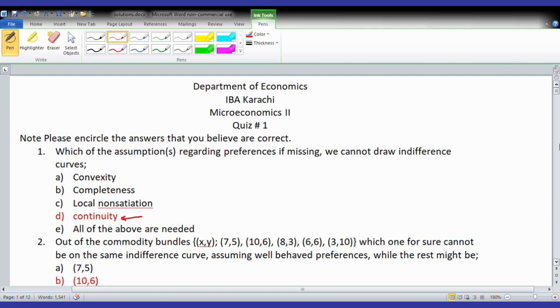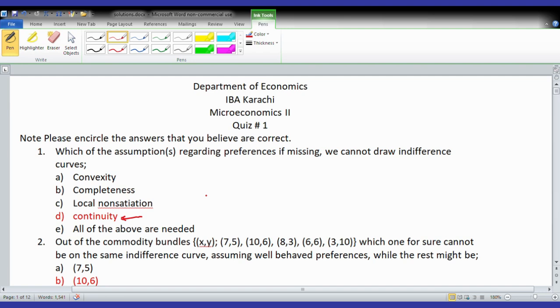This is a presentation on the quiz exams as well as on the homework problem. See that this is the first question about the assumption of the preferences, and it is straightforward that if continuity is missing, then it will not be possible for us to draw the indifference curves.